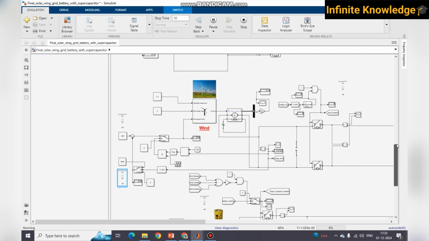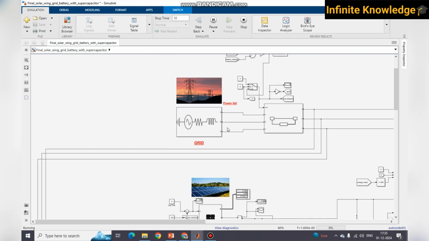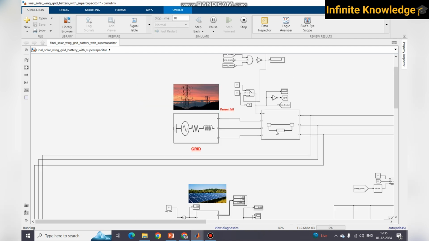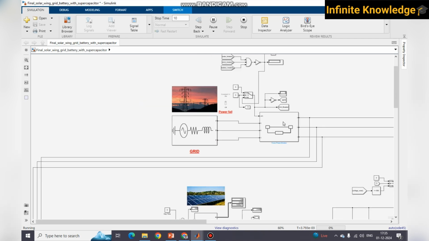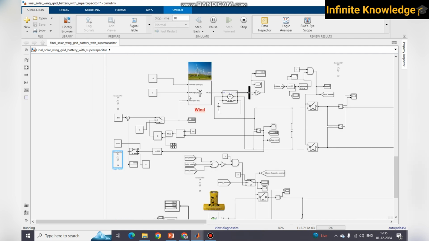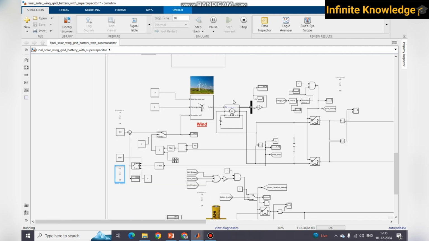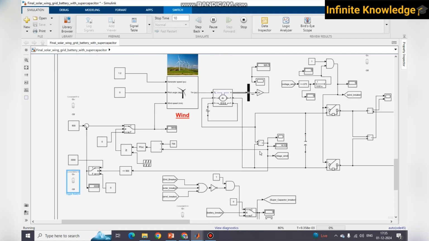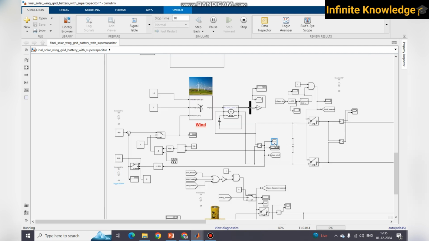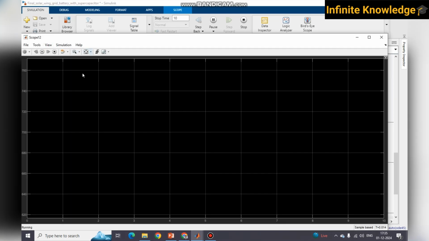So initially our grid breaker is on, and the load is getting power from the grid. And obviously, the wind turbine takes some time to achieve speed and to achieve some satisfactory voltage. Okay, it takes some time to generate a voltage, and you can see here the voltage generation at this stage.